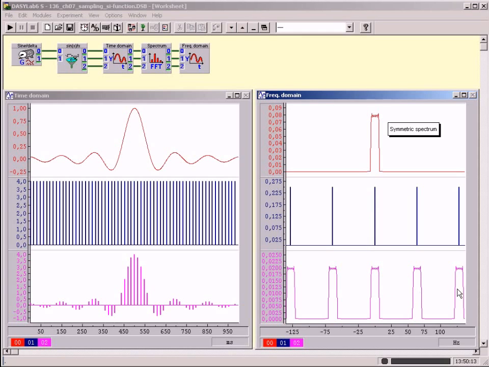The spectrum of the sampled signal contains for an infinite number of times the frequency-related information on the original signal. Sampled signals, that means digital signals too, have always periodic spectra.